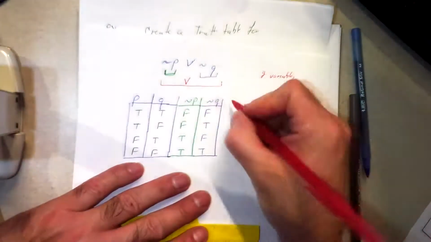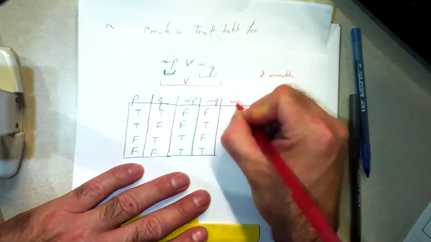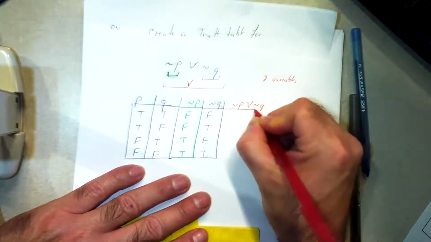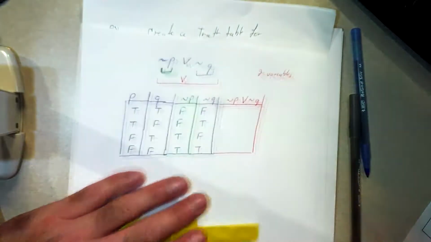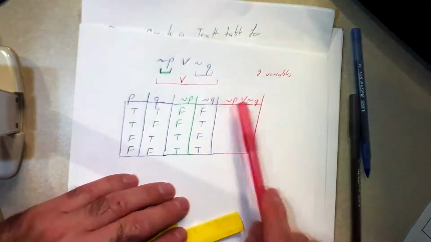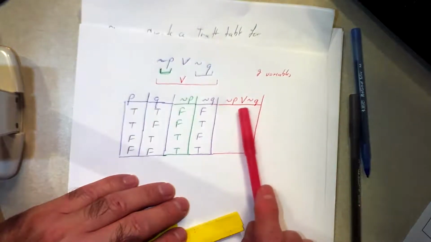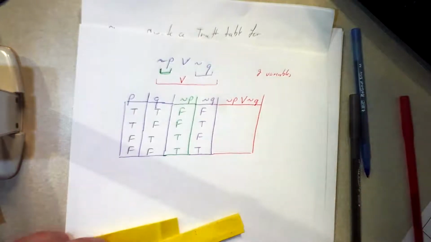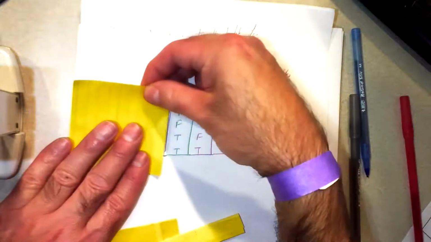I'll make a new, last column and do not P or not Q. I want to get the column for not P and the column for not Q and apply the connector to them. So I'm going to cover up my PQ column.